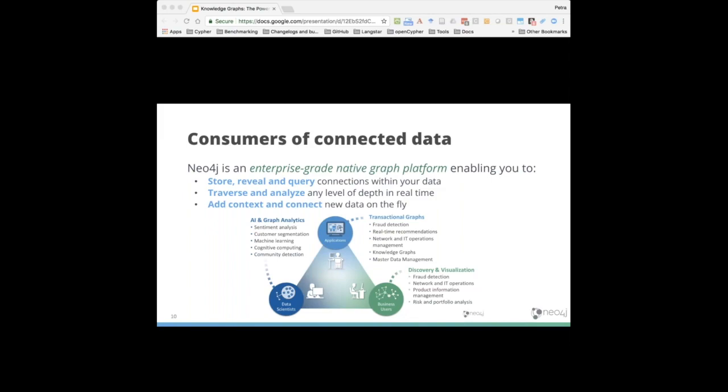We are moving away from solely concentrating on real-time OLTP and moving into two other spheres. On the left-hand side, you can see we're now also considering people such as data scientists, who use graph algorithms to perform very complex analysis. What this group of people are doing is looking at the graph as a global structure and finding substructures within it.